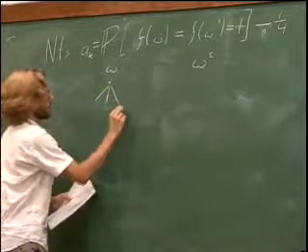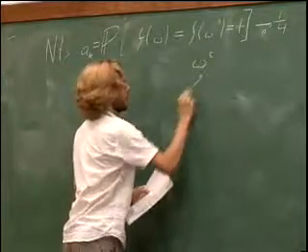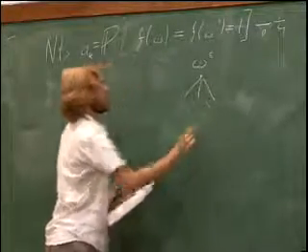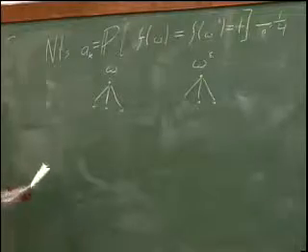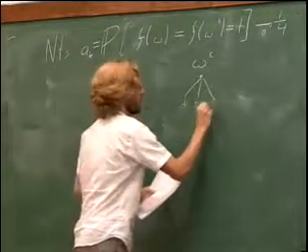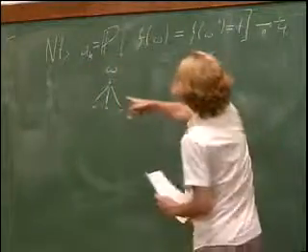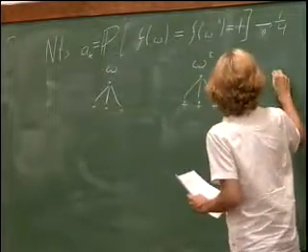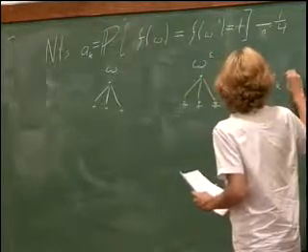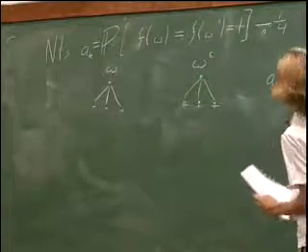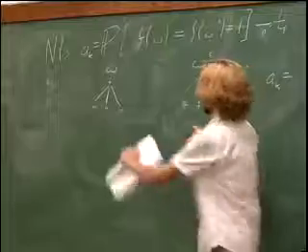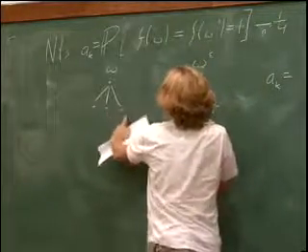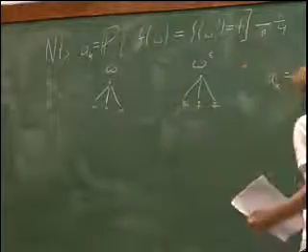For example, if there's all pluses there and all pluses there, then of course this is going to happen. And what's the probability of this happening? Well, that's A_{k-1} times A_{k-1} times A_{k-1}, again by independence.